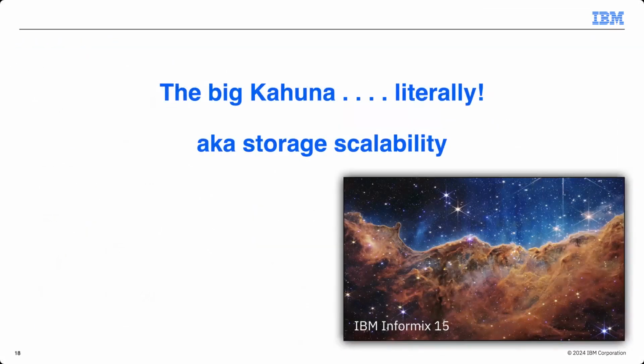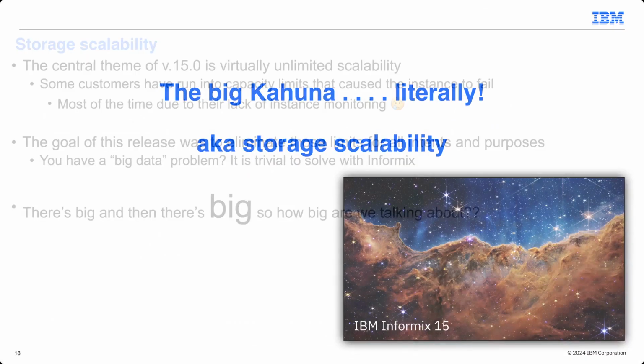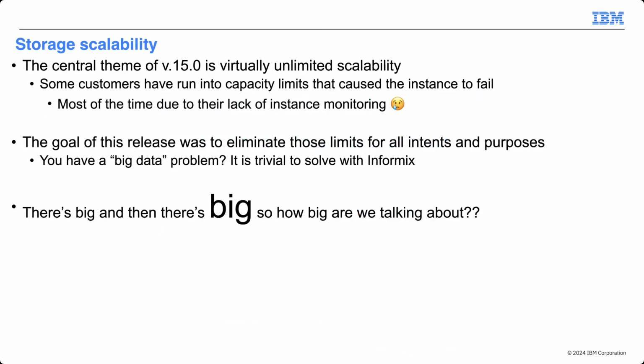Okay, so now let's get to the really big thing in the release, and I mean that literally, and that is storage scalability. So the central theme for 15 was virtually unlimited scalability. There were a number of customers through the years that have run into some of the limits within the engine.